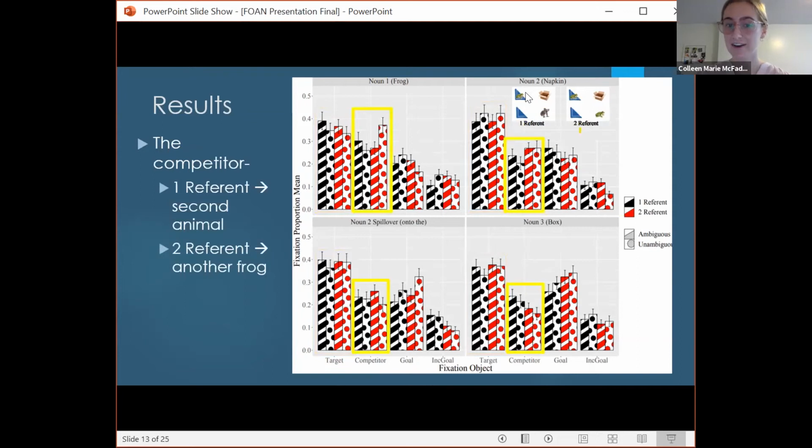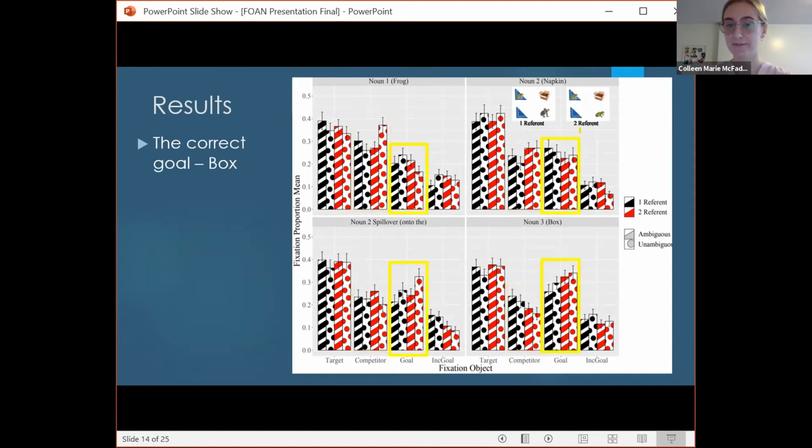The competitor in the 1 referent condition is a 2nd animal, and in the 2 referent condition, it's the 2nd frog. The correct goal, which was the box, and the incorrect goal, which is the empty napkin. For this project, the region of interest that we care about is the incorrect goal, because you can tell how participants are interpreting the sentence based off of whether or not they're looking to that empty napkin.